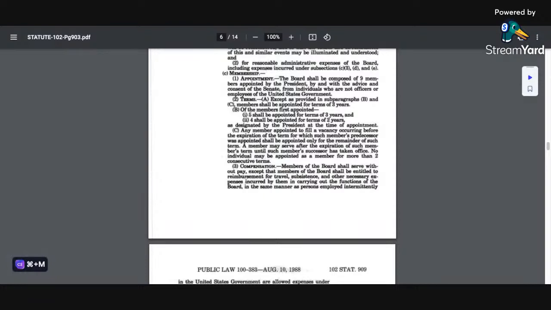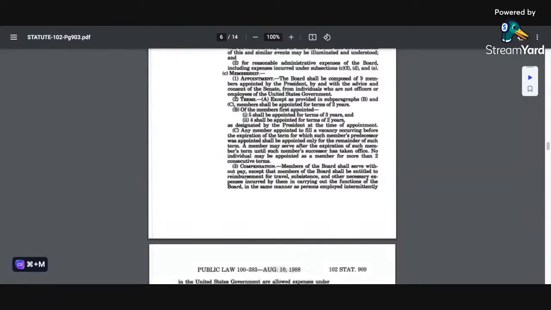B. Of the members first appointed, I. 5 shall be appointed for terms of 3 years, and II. 4 shall be appointed for the terms of 2 years, as designated by the President at the time of appointment.